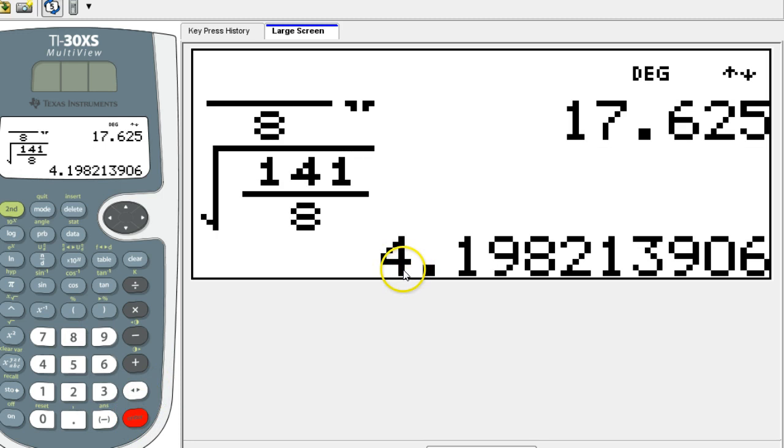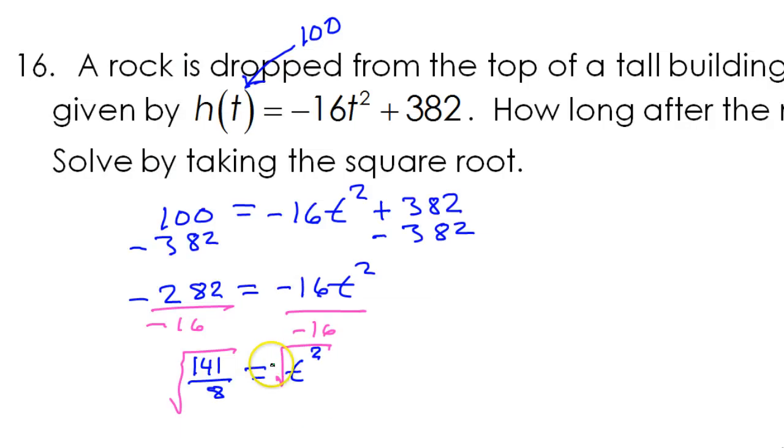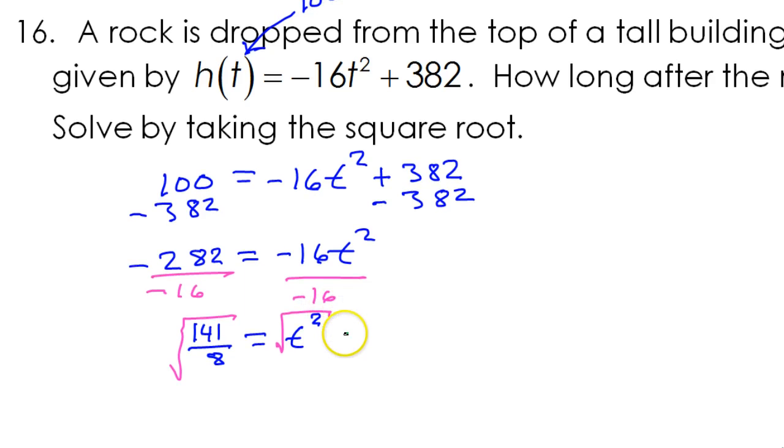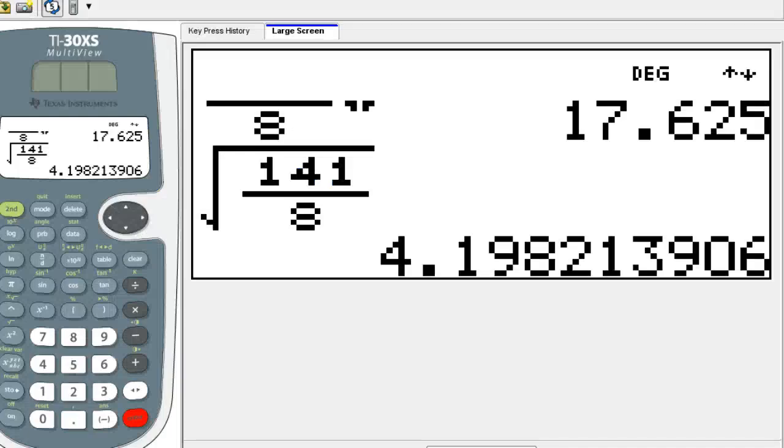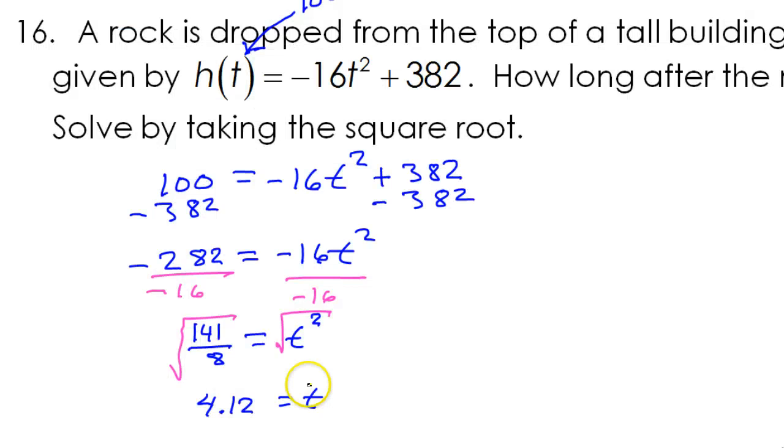That is, and now we have no choice but to round. Let's do 2 decimal places, so 4.12. Got to round up. Is that right? Yeah, 4.12.